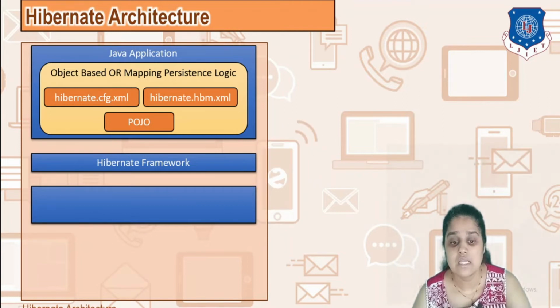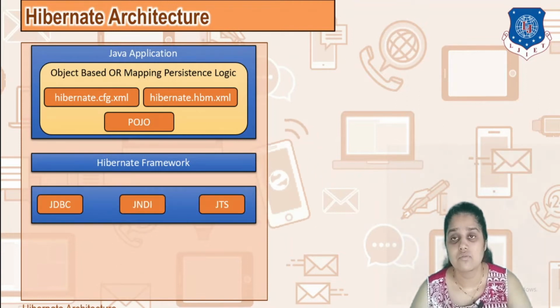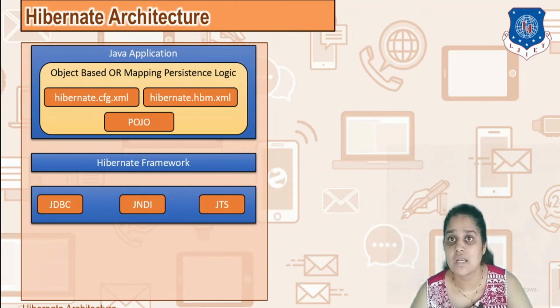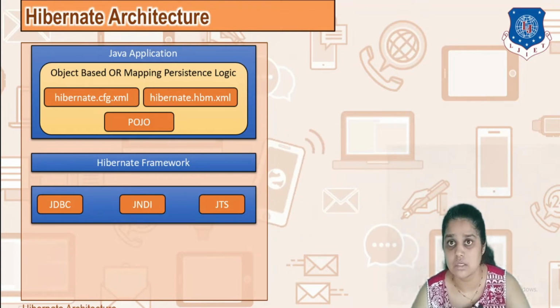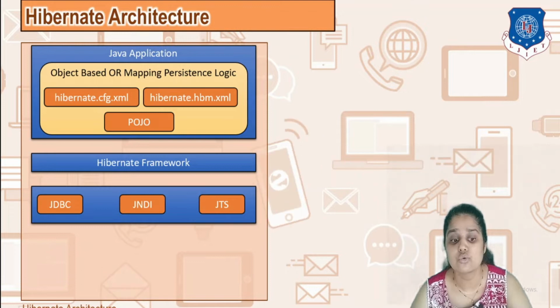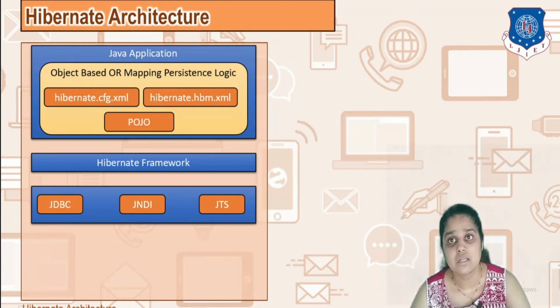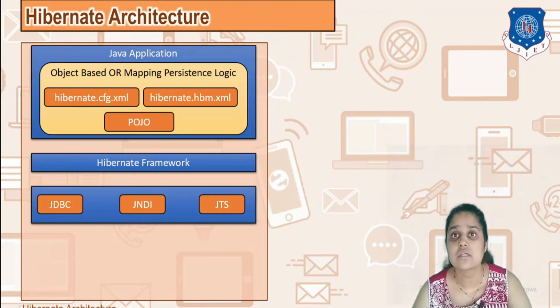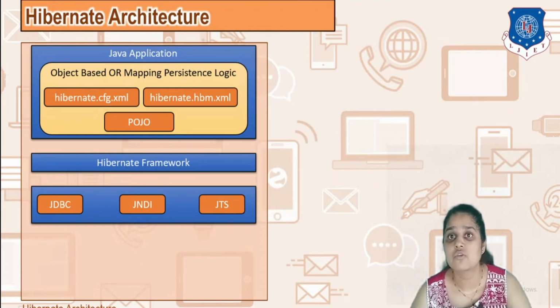Next is the layer in which you have your Java database connectivity. As I told you, Hibernate works under the hood of JDBC. So in the backend it is going to use JDBC. JNDI is Java Naming and Directory Interface, and this is used to find any specific classes or interfaces that you want.